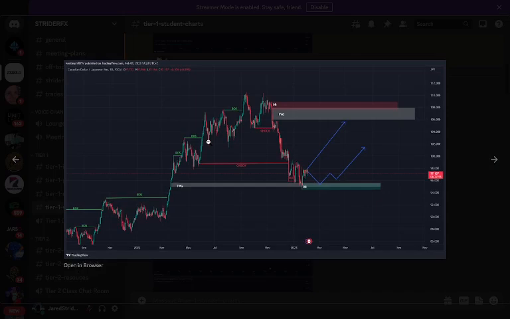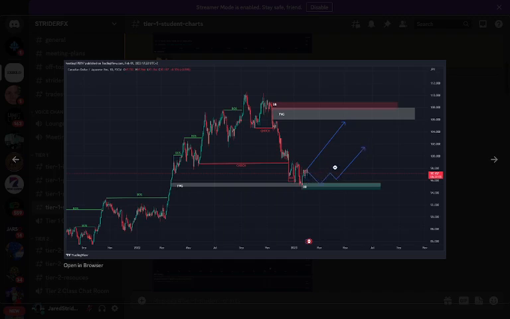So we're on the daily chart here. The only thing I can see is he's chosen a fair value gap and then created an order block there. Remember what we said, that if we're going to trade off of a fair value gap, I would like to see a double entry, which we can see here.